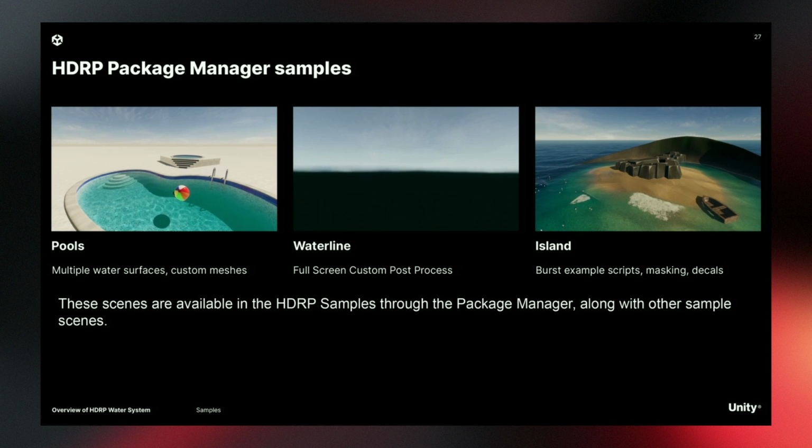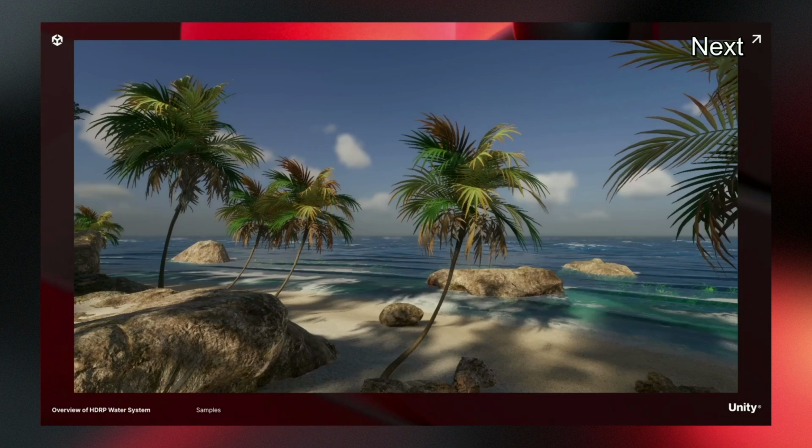And there is also the custom pass that we saw earlier to blur the waterline on a completely separate scene to isolate the effect and make it easier to inspect. All of these things will give you a head start, and there's plenty of scripts, materials, and graphs you can use to educate yourself or just use in your project that you want to start.